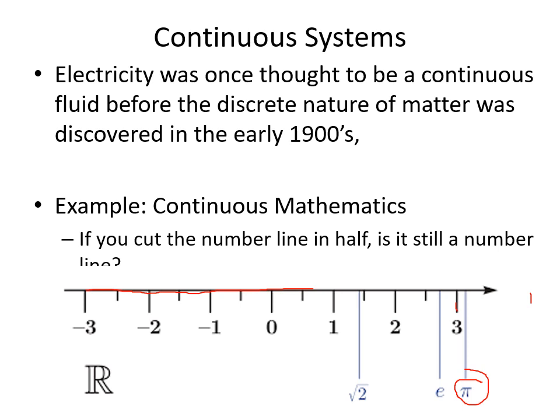So this number system has both rational and irrational numbers. And in between each set of numbers, there's an infinite number of numbers. You could divide the area between 1 and 2 up into an infinite number of numbers that can exist there, including irrational numbers.